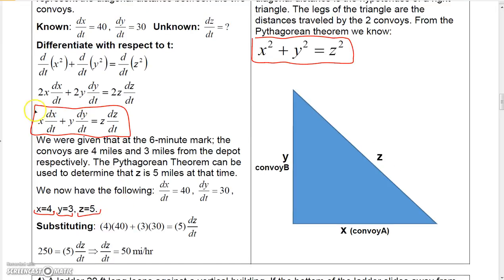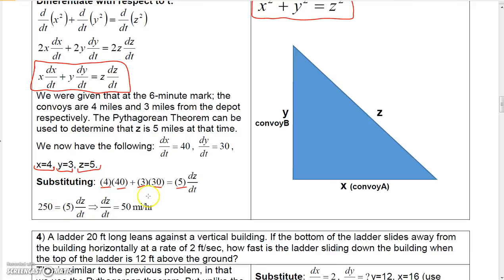And now I can go into this formula and plug in x is 4, y is 3, z is 5, and for dx/dt I plug in 40, for dy/dt I plug in 30, and then you solve for dz/dt, and you'll actually get that dz/dt is equal to 50 miles per hour.